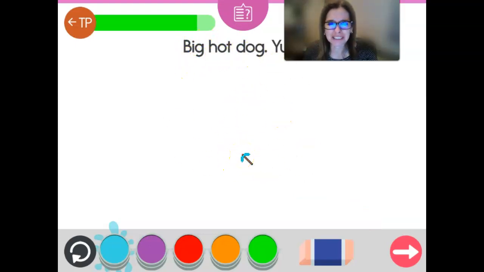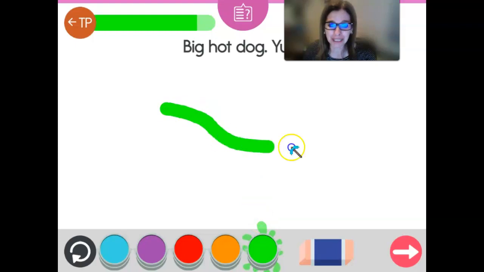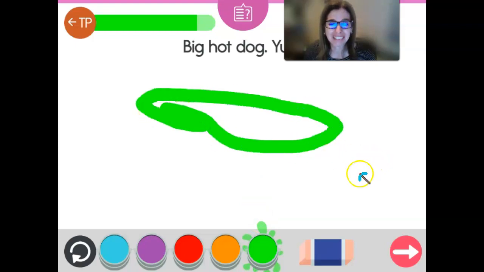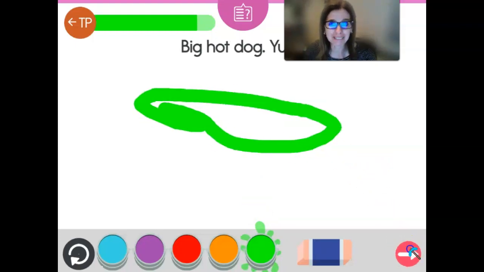This is just a quick sketch. It should not take you long because you want to get on and get those hearts and stars today. So quickly draw this picture. Big hot dog. Yum. So maybe I'm going to draw a big hot dog with somebody eating it. The choice is yours. I'm not going to draw anything right now because I'm going to go on with my lesson.